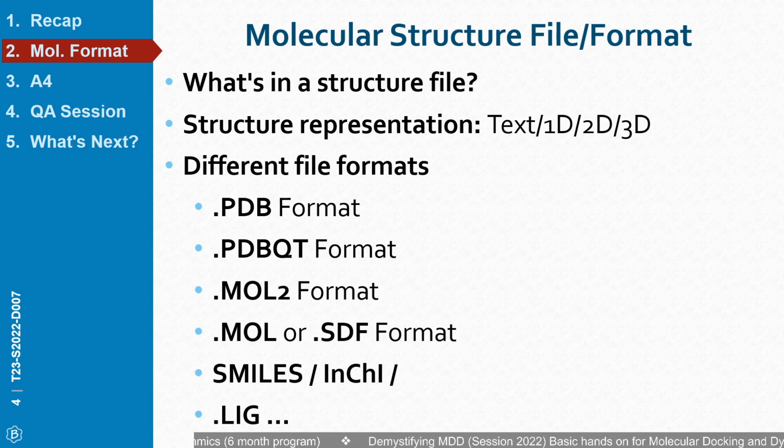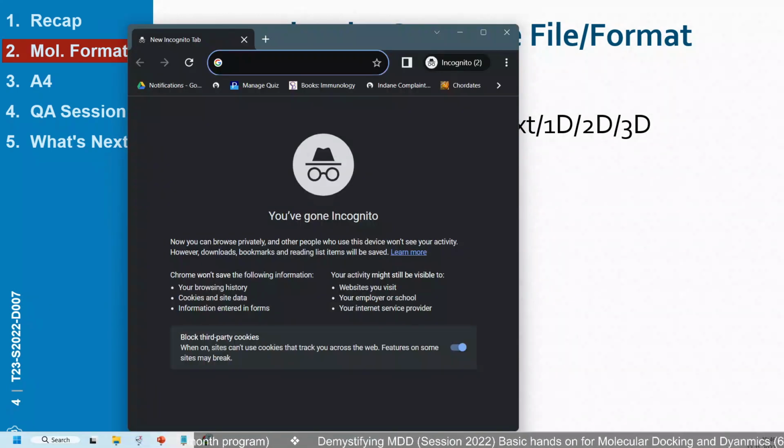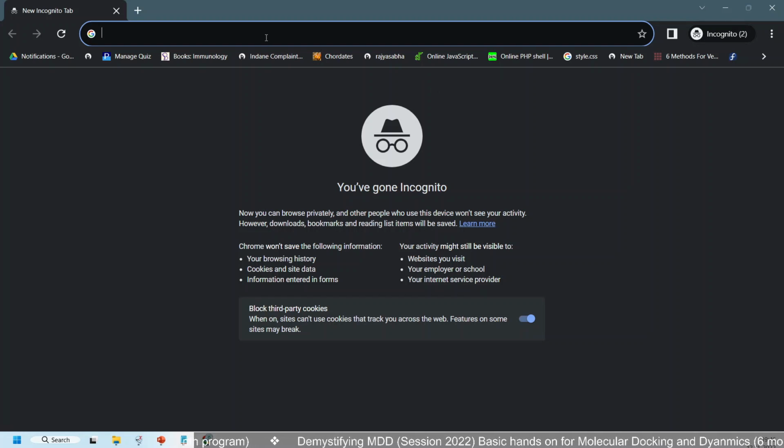To get more information, we can simply Google it, because I can't cover all the structures over here, so it will be better if you can find more about these structures yourself.